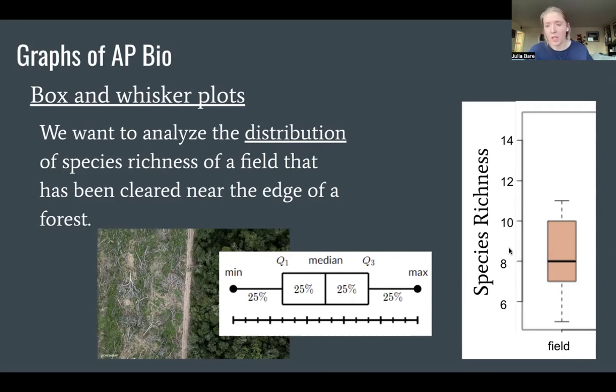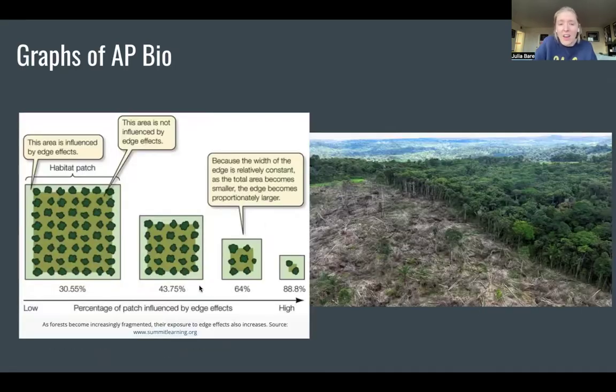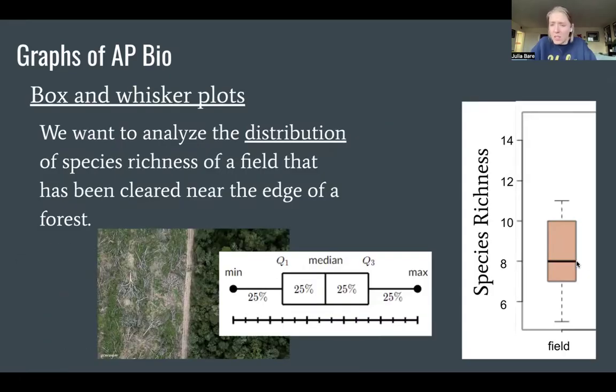What I want you to do is look at this box and whisker plot and figure out: where's my median? What's my upper quartile and my lower quartile? And what's my upper extreme and my lower extreme? Your median here is going to be 8. So what does that mean? Let's say you surveyed 100 fields.